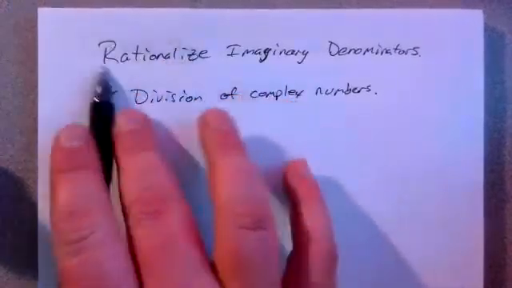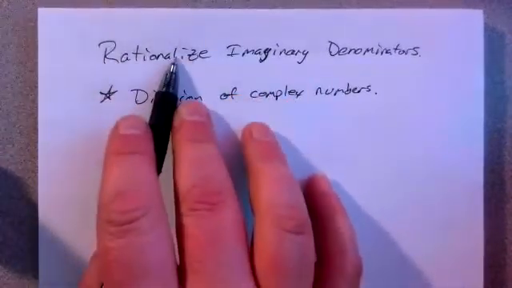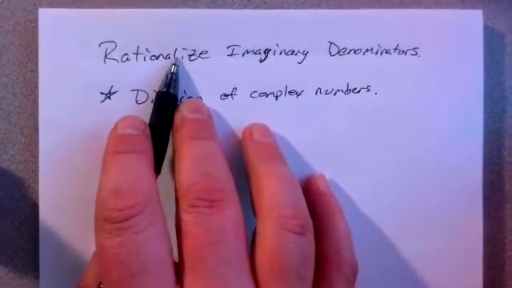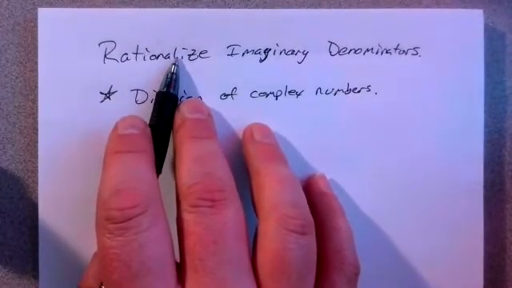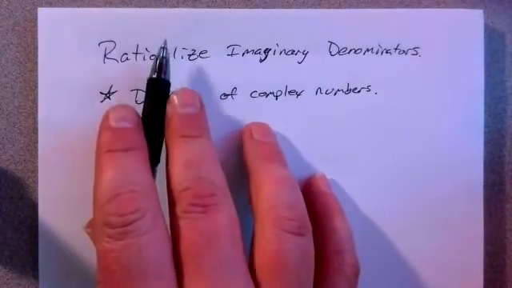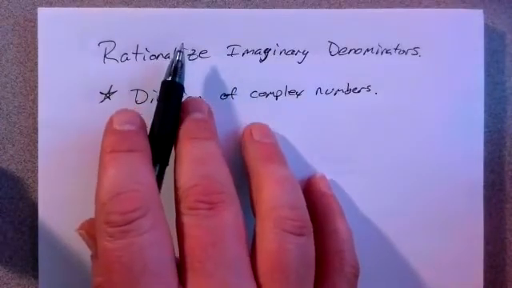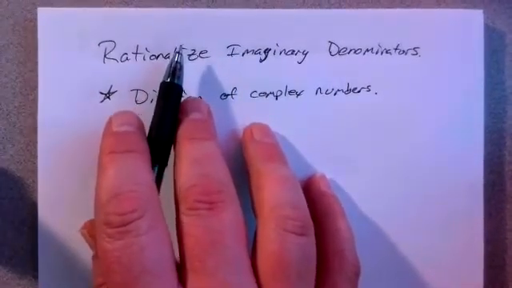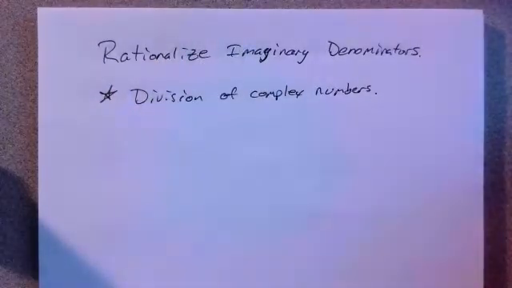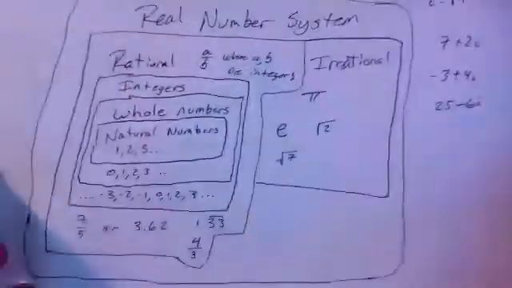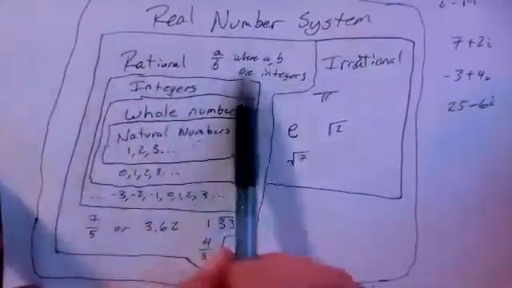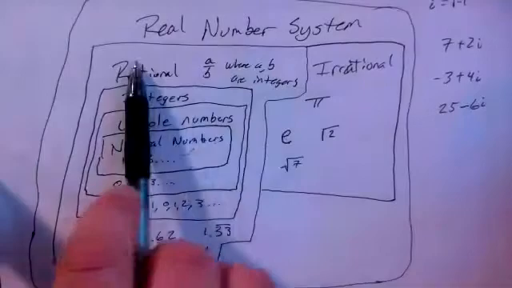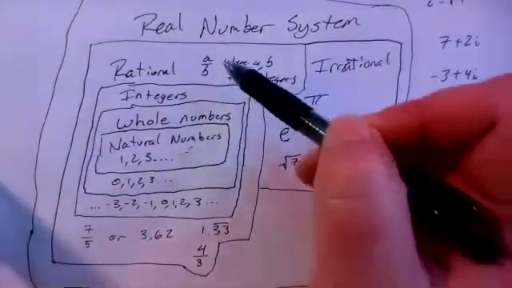What it means to rationalize is to take a number that is not rational and turn it into a number that is rational. Imaginary numbers are not rational numbers, they're complex. Our rational numbers look like fractions.